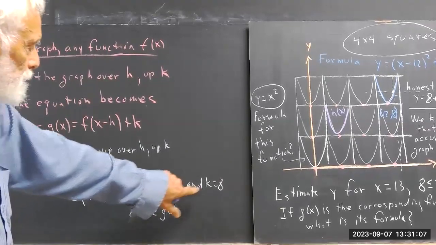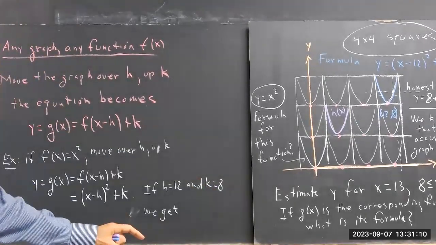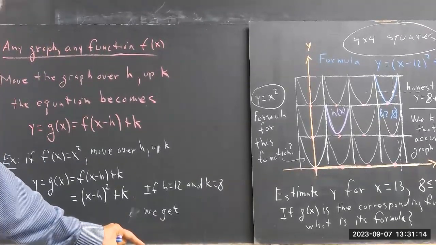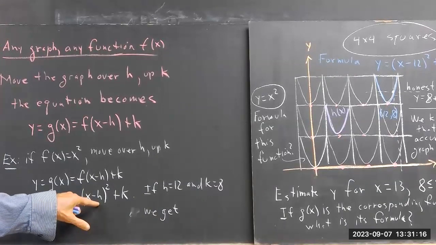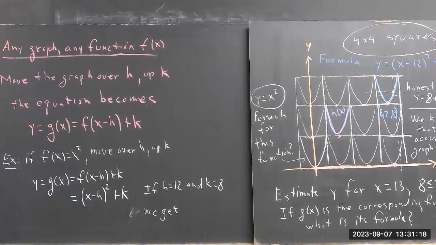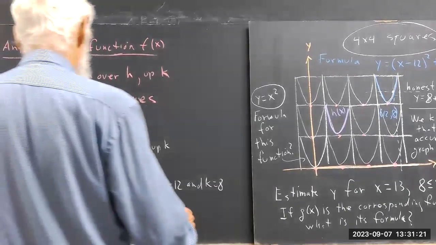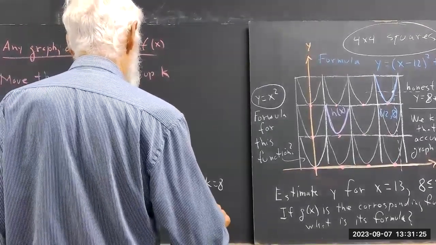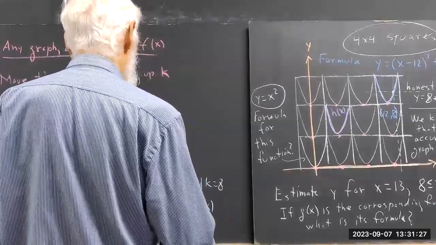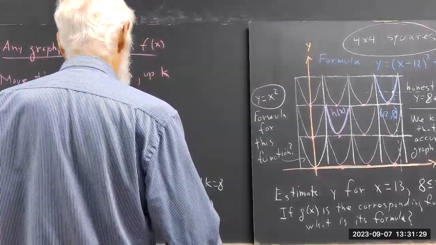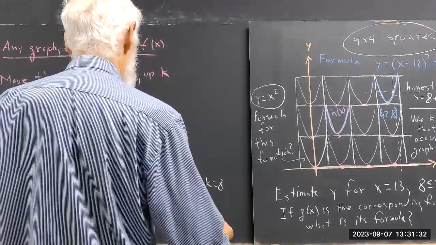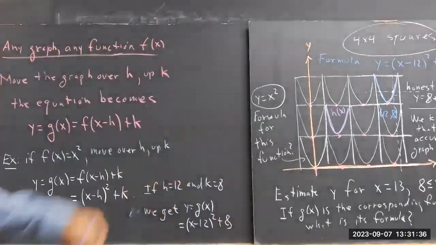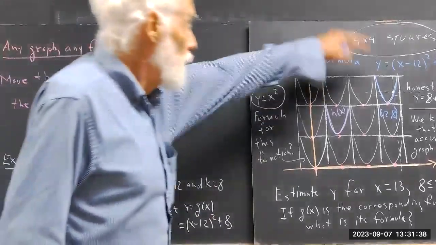If h is 12 and k is 8, what did we get? You can write it out. Here you're going to replace h by 12 and k by 8, right? We get x minus 12 squared plus 8, which is what we got.